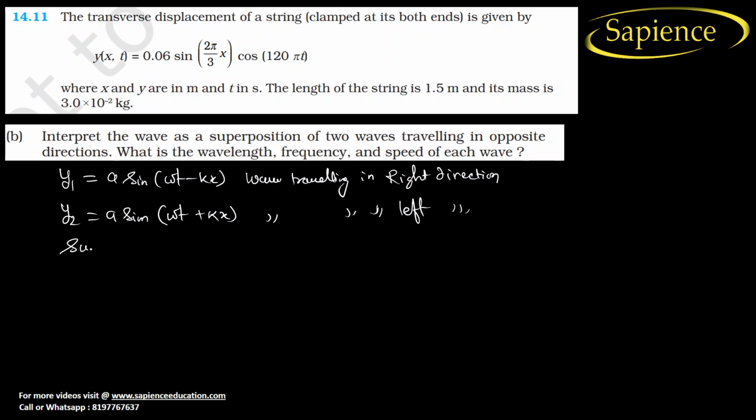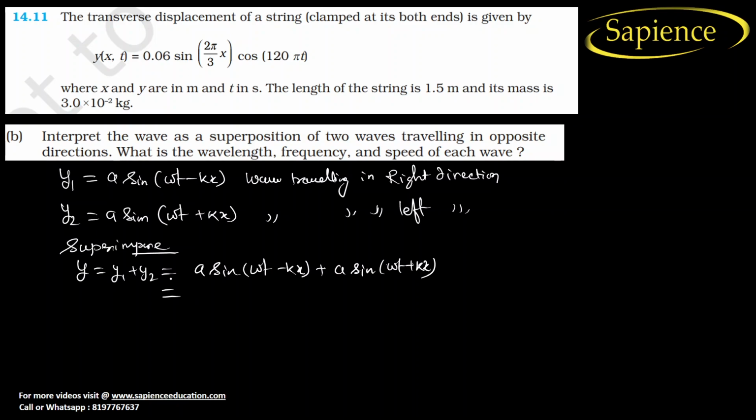Okay. Now the superposition of the two waves. When we superpose, then what will happen? y will be equal to y1 plus y2. So this will be basically a sine omega t minus kx plus a sine omega t plus kx. Now we have to add this, so we have to break this.